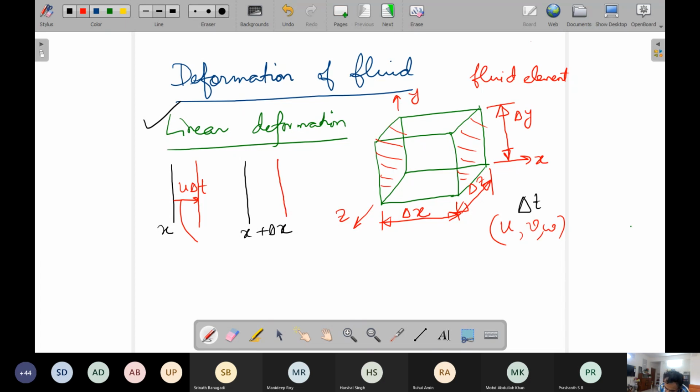What about the displacement of this face? Again, the time delta t is small, so you do not expect the velocity to change due to that small change in time.